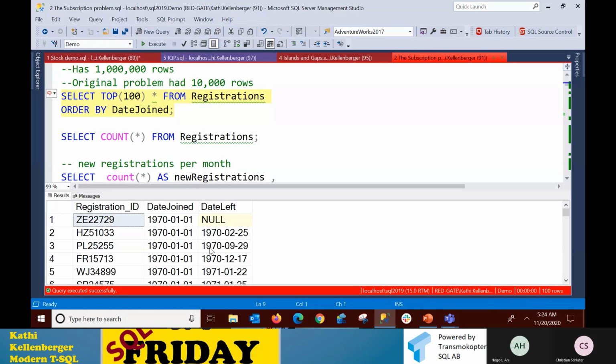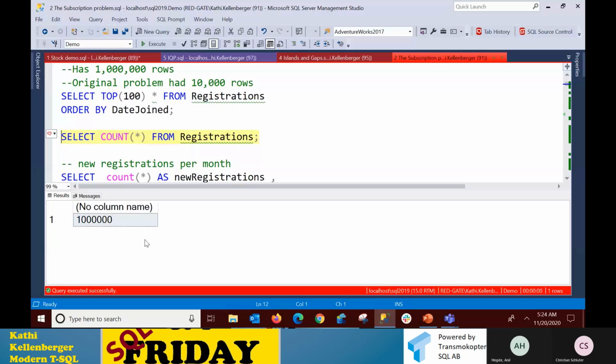I have generated 1 million rows instead of just 10,000, because one thing that I've noticed is that things that took a long time to run back in 2008 and 2009 now run fast because the hardware is so much better. There are things where I'm like, why is this running so fast when back in the day it took 2 minutes? That's part of the reason.